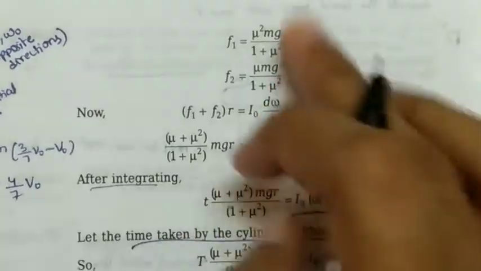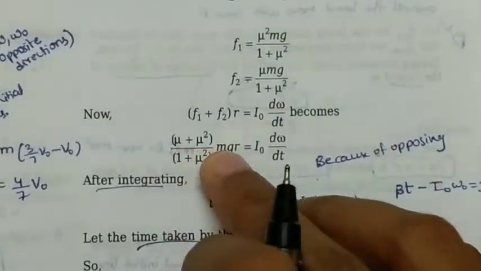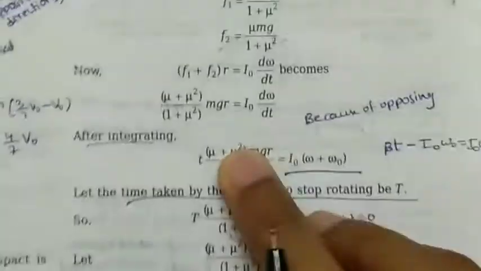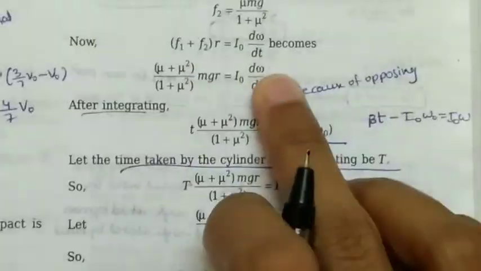Mg can be taken common, so mu square plus mu, times mg, and R is there already. That is the simplification.